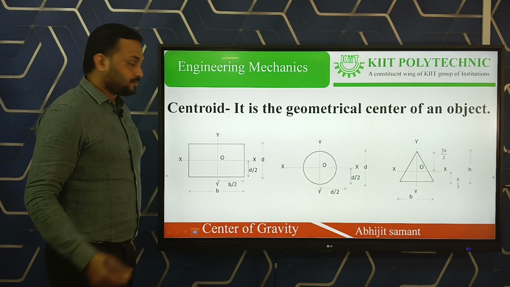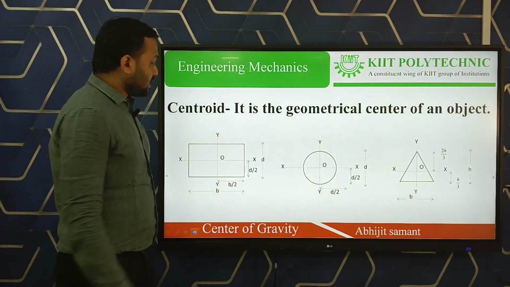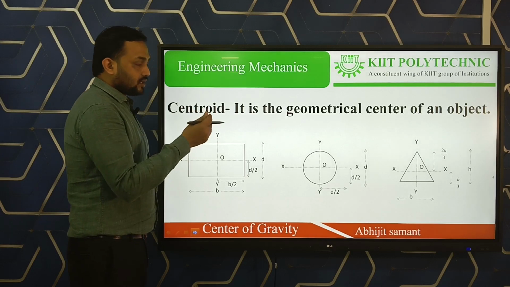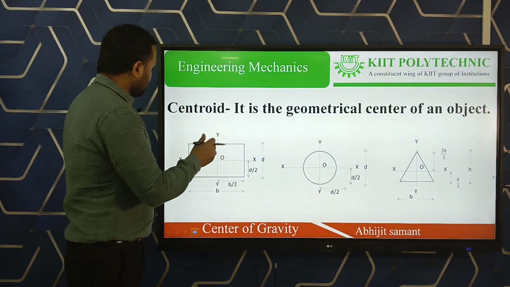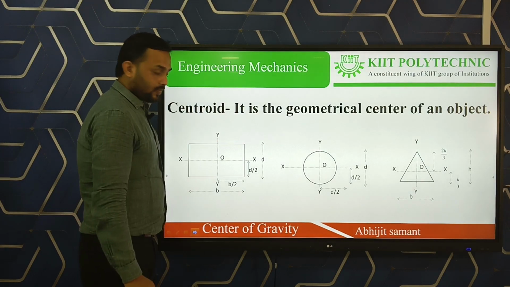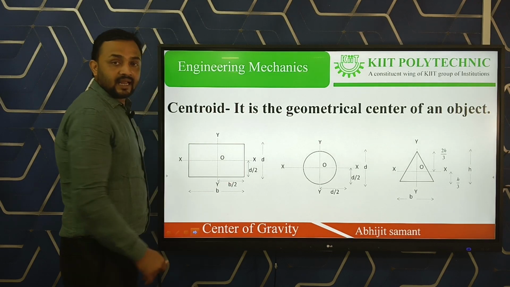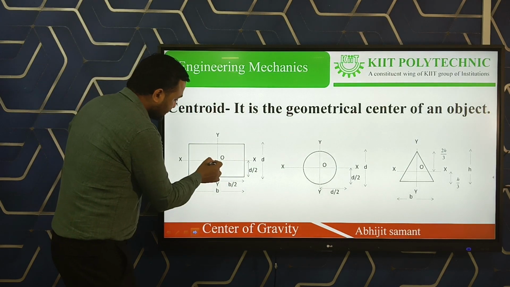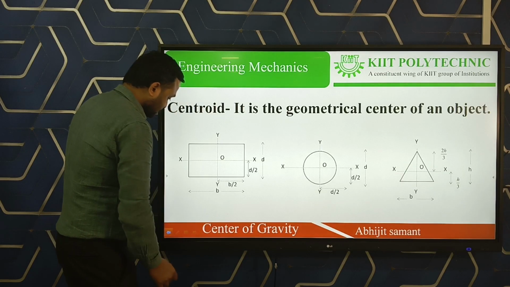The basic definition of centroid is that it is the geometrical center of an object. If we want to find the geometrical center of an object, then we call it a centroid. Let us discuss this figure. This is a rectangle. In a rectangle, its geometrical center is here. How do we find this?